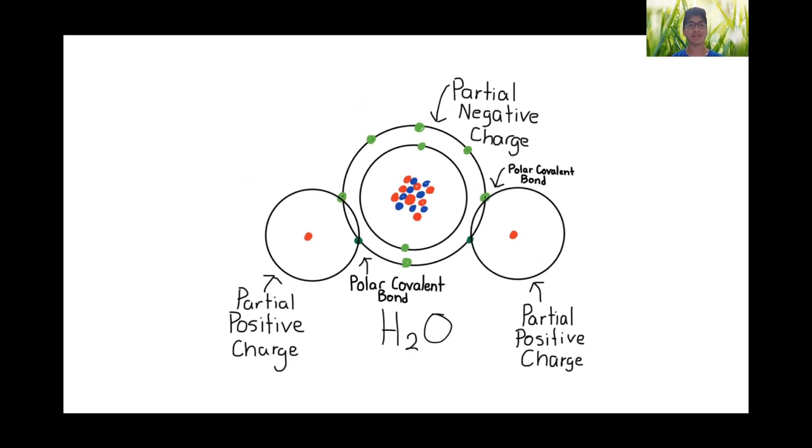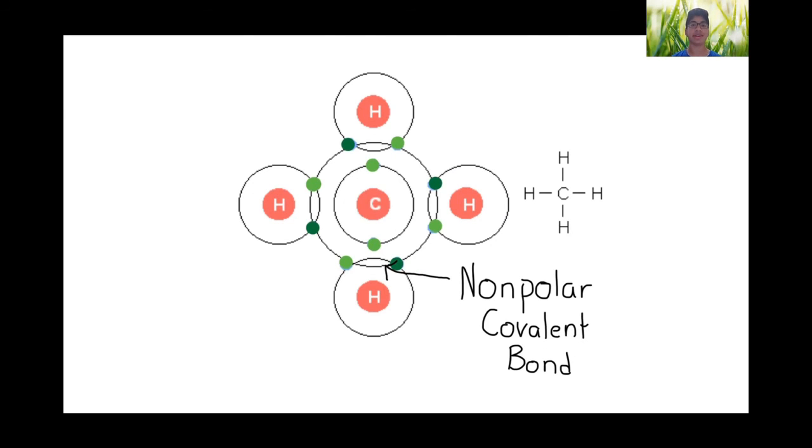So now let's look at a different scenario where we have 1 carbon atom covalently bound to 4 hydrogen atoms. Here are the covalent bonds right here, right here, right here, right here. Remember that both carbon and hydrogen have very, very similar electronegativities because both their electronegativities are low, very low. Hence, these shared electrons will not spend more time near hydrogen's nucleus nor carbon's nucleus.